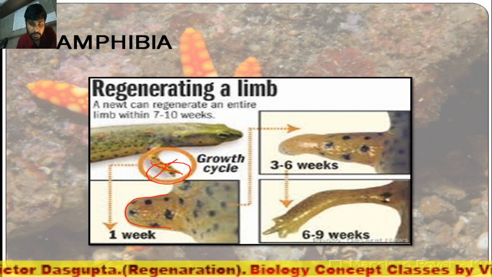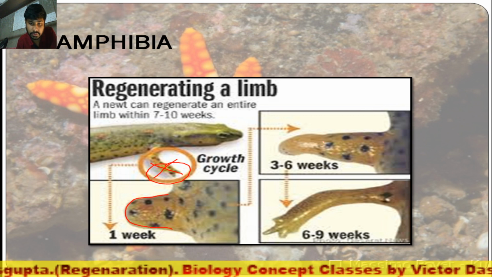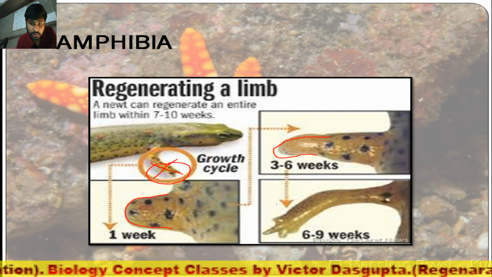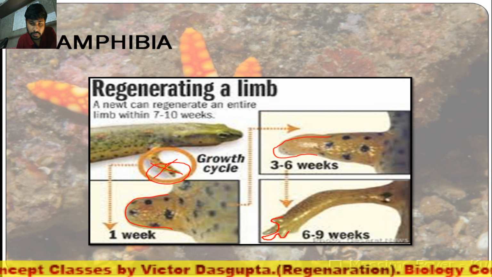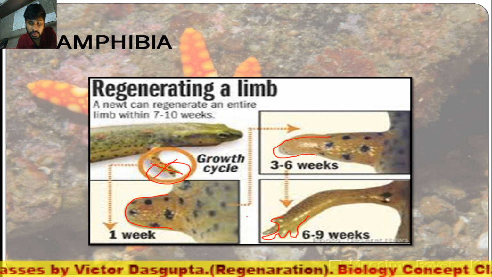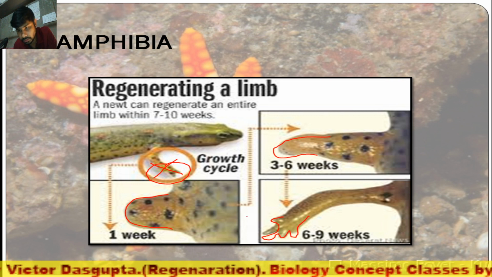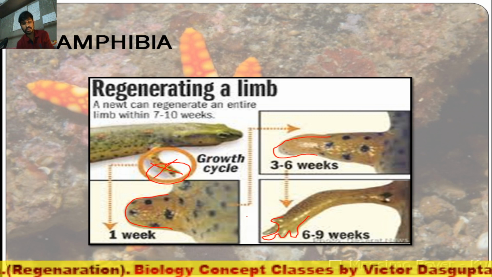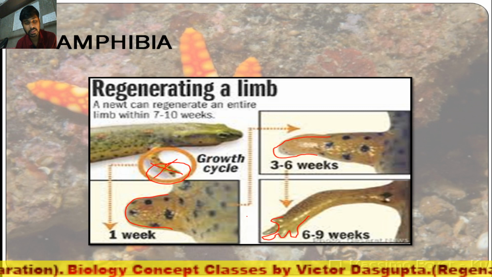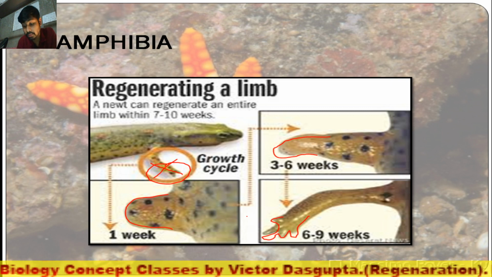You can see the blastema region, and in three to six weeks it will grow like a normal leg, and ultimately the fingers or toes come out from the matured limb. Within six to nine weeks, this is an extensive way of regeneration in amphibians, where they can develop limbs also.